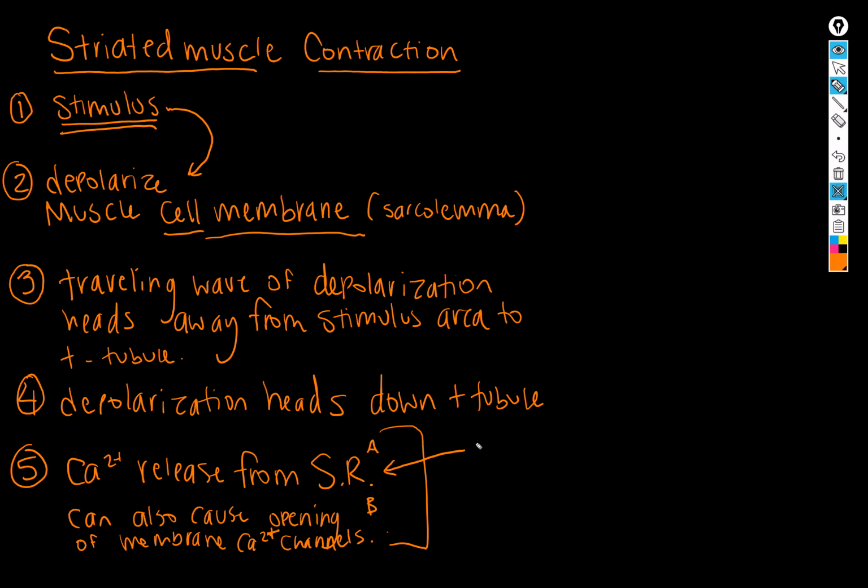Skeletal muscle relies mostly on A. Cardiac muscle relies on both A and B.